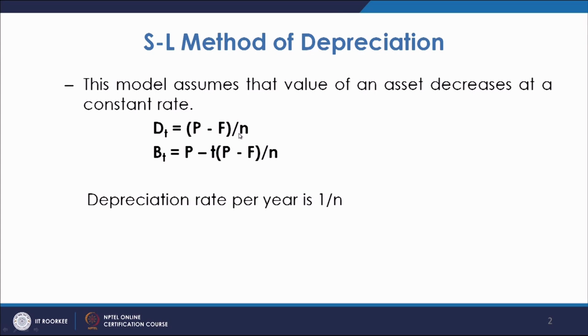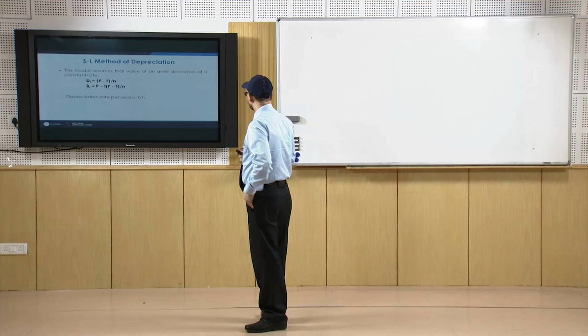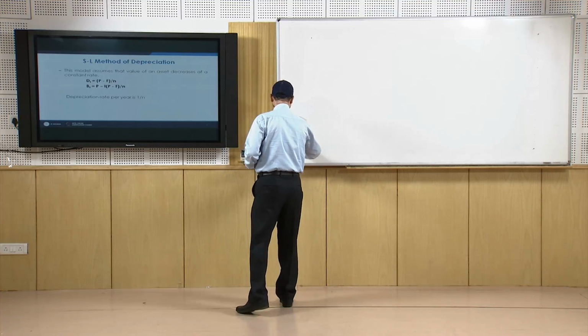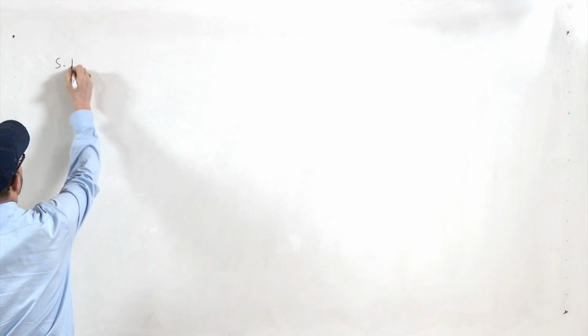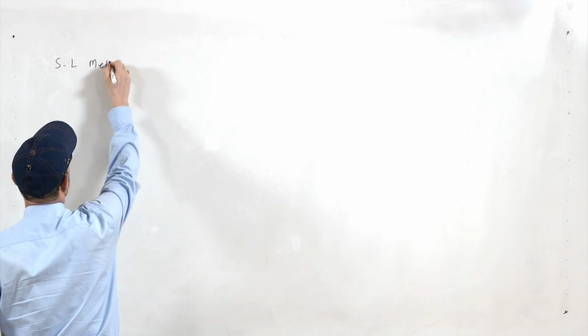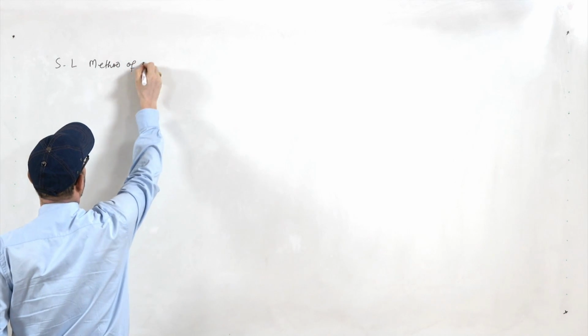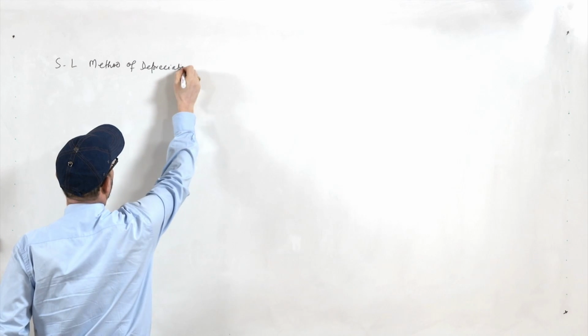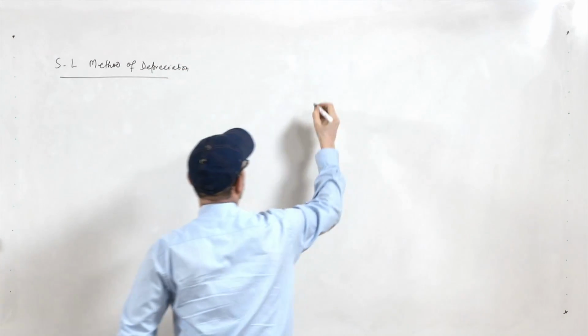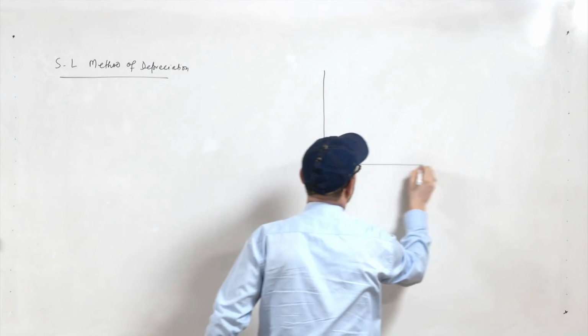Now, book value at the end of any year t will be P minus t times (P minus F) by n. So, how can we get it? When we talk about the straight line method of depreciation, your value time function goes like this.